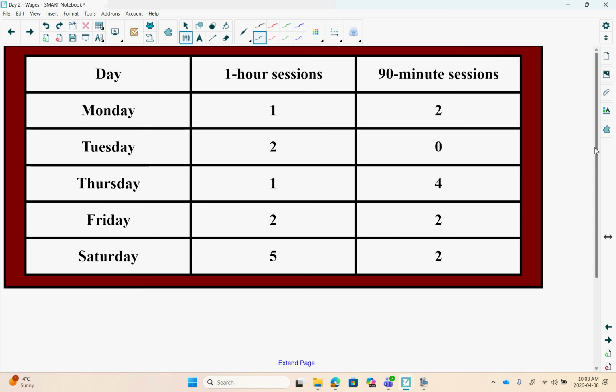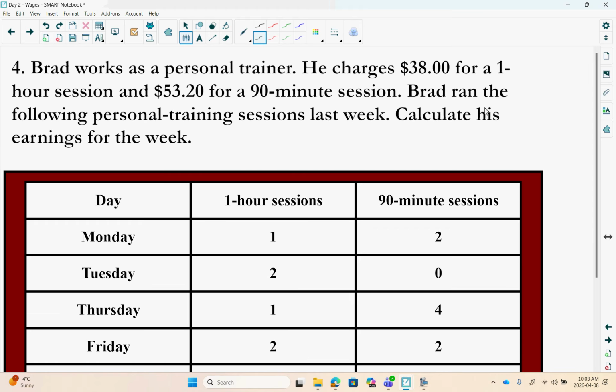Question number 4. Brad works as a personal trainer. He charges $38 for a 1-hour session and $53.20 for a 90-minute session. Brad ran the following personal training sessions last week. Calculate his earnings for the week. On Monday, he did a 1-hour session and 2 90-minute sessions.